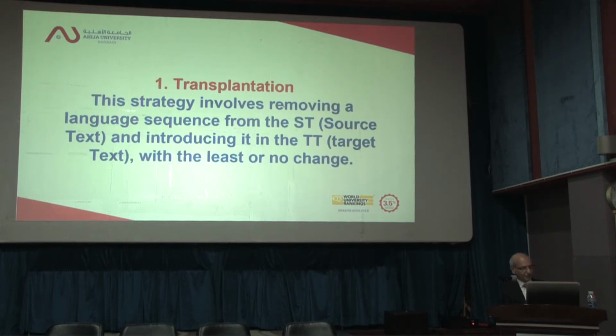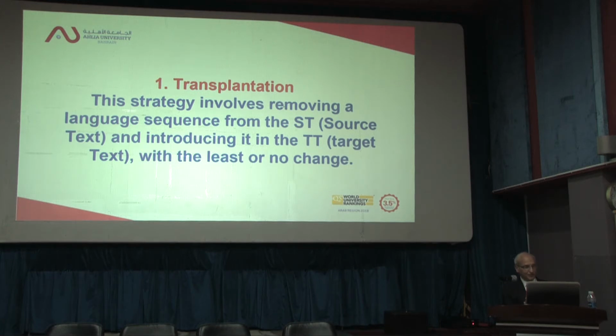Transplantation. This strategy involves removing a language sequence from the source text and introducing it in the target text with the least or no change. This strategy is commonly applied in the rendition of text units that realize the informative function, particularly the brand name, type of product, and ingredients.